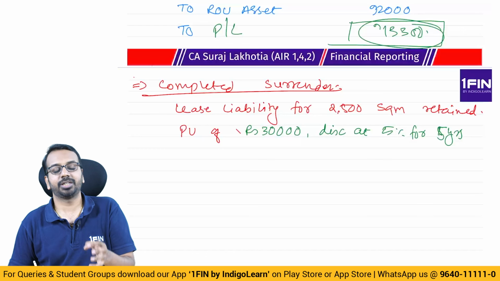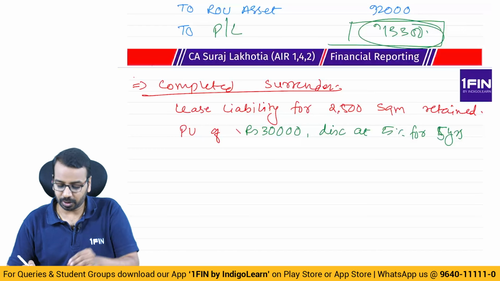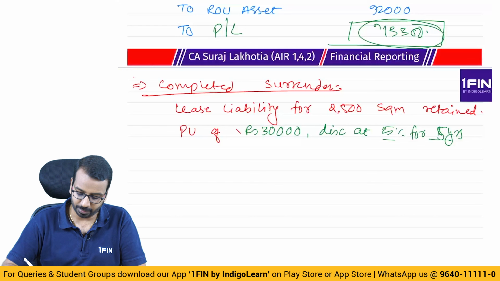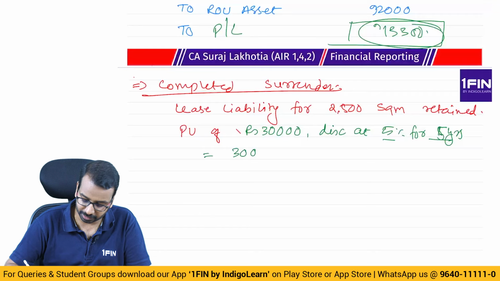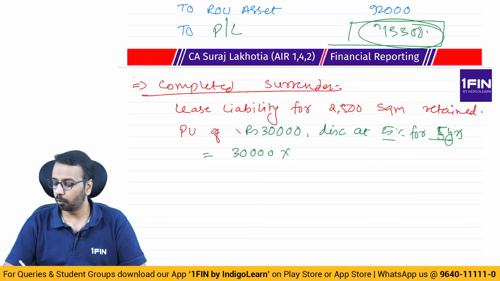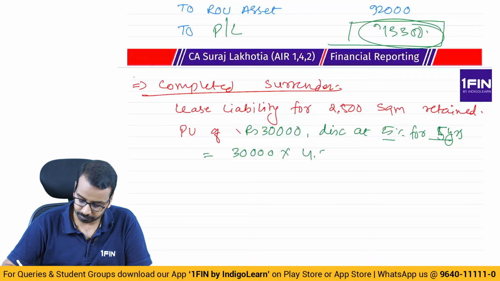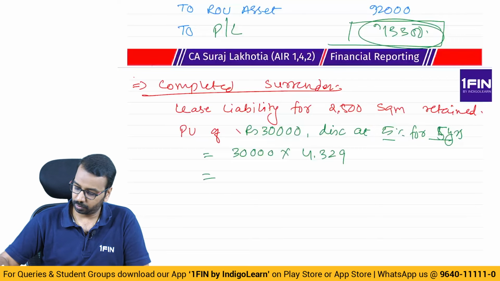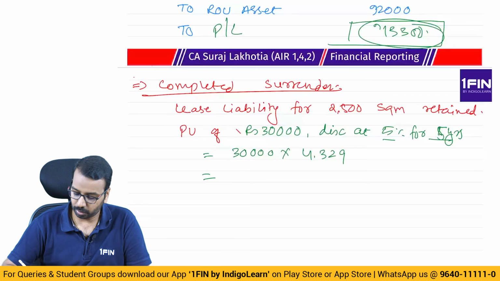My payment terms have changed, so I will calculate the new liability, which is 30,000 into the present value factor: 1 divided by 1.05 for 1, 2, 3, 4, 5 times, I get 4.329. That is equal to 129,870.